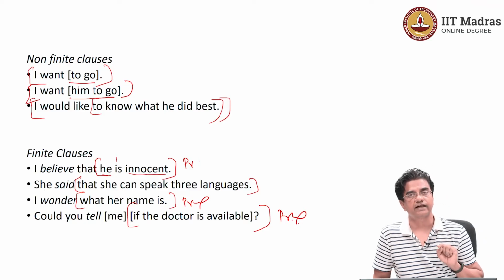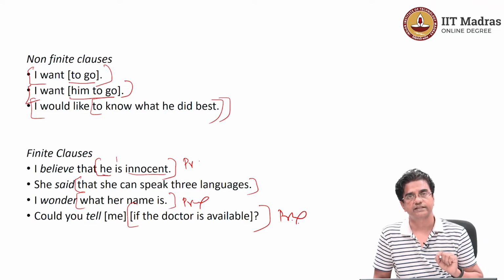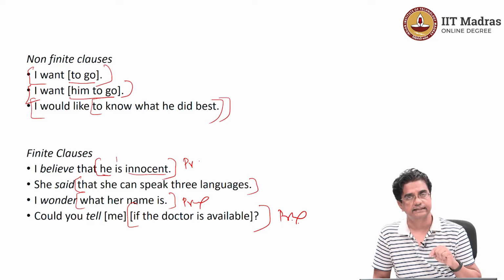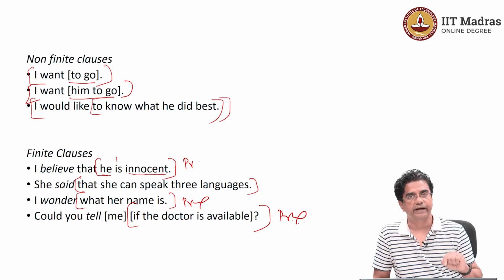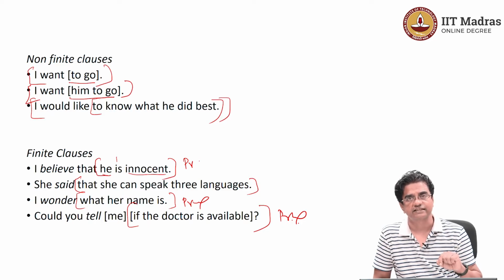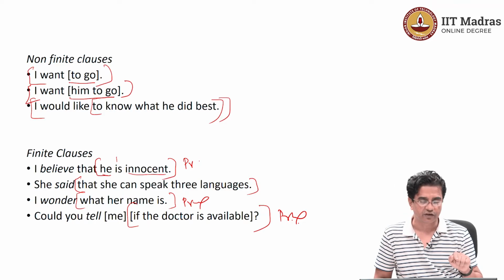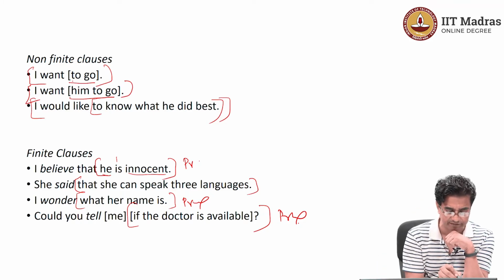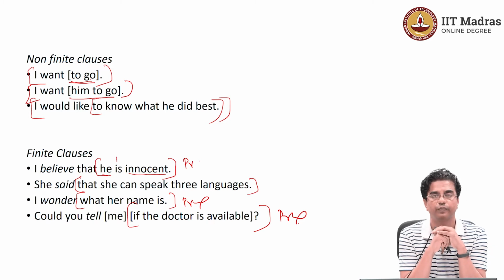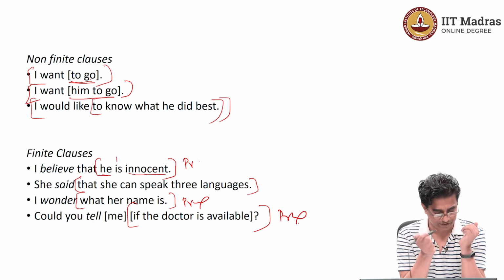So whenever a clause, an embedded clause, has its own tense, that's called a finite clause. And whenever an embedded clause does not have its tense, that is called non-finite clause. So look at this. This is just an infinitive, to go. So it's a non-finite clause.